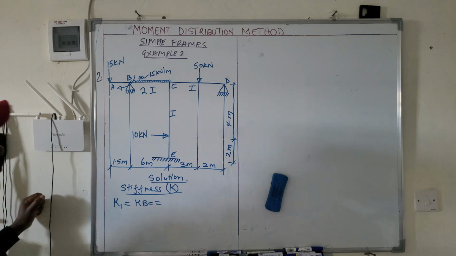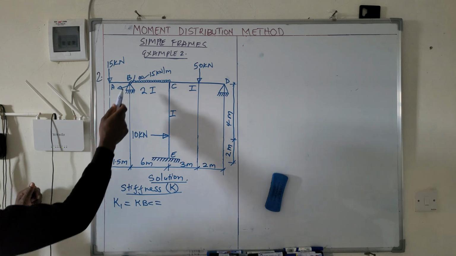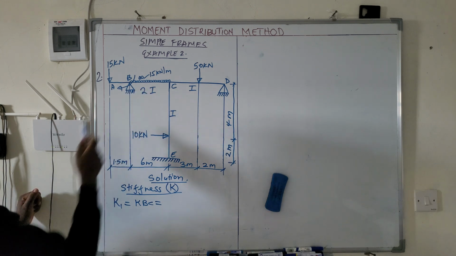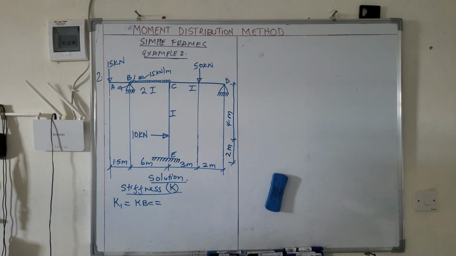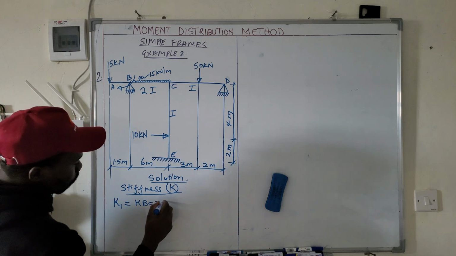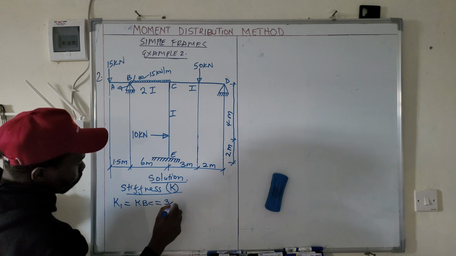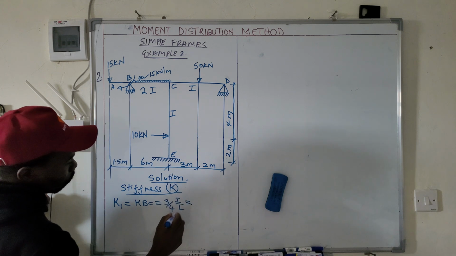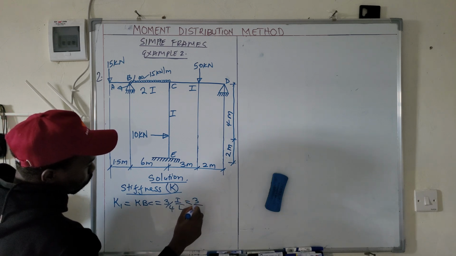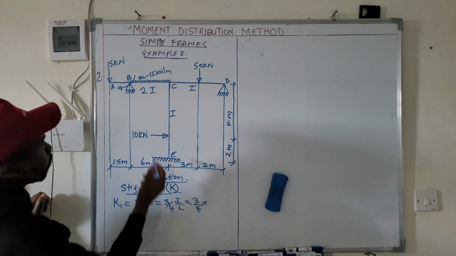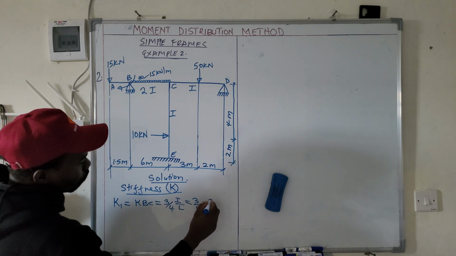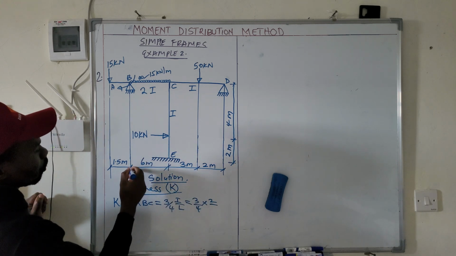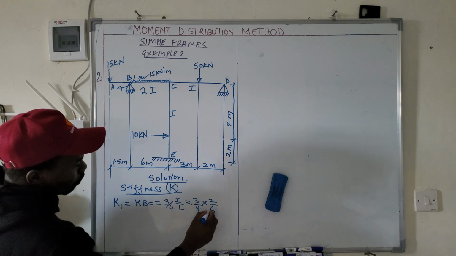As you can see, this is a simply supported beam, so we will have 3 over 4 I over L. So 3 over 4 times I, 2 over L, 6.